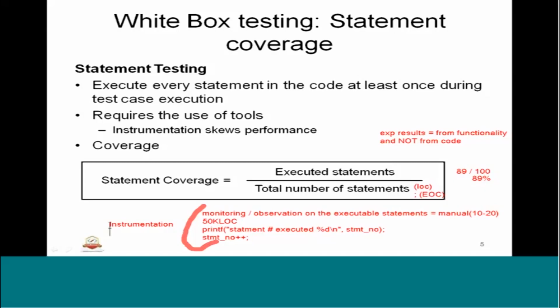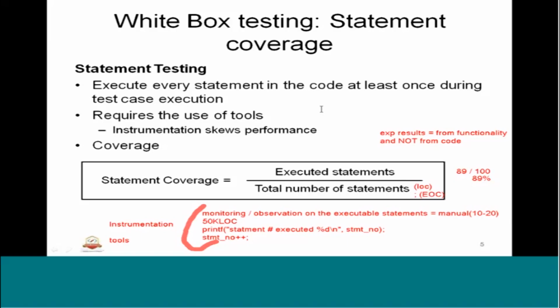For this instrumentation, there are a lot of tools. We'll study about the tools. Basically we feed all the source files, and it adds the instrumentation code into them and executes on the target or the host, depending on the nature of the embedded system. There are other challenges: instrumentation adds a lot of lines of code and the total will increase.